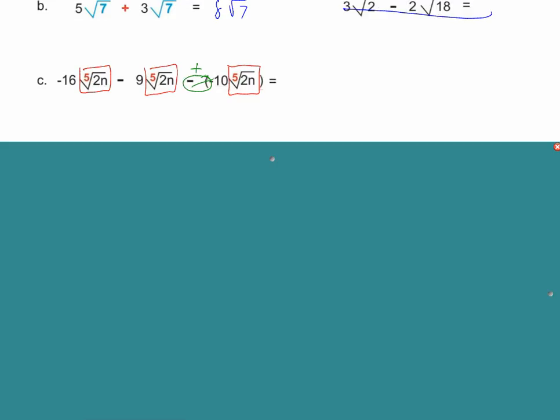So 16 negatives and 9 negatives, 25 negatives and 10 positives leaves you 15 negatives, 15 of the 5th root of 2n's, right? Negative 15 times the 5th root of 2n. So in their simplistic form, that's not too tough. We can handle that. Not a big deal.